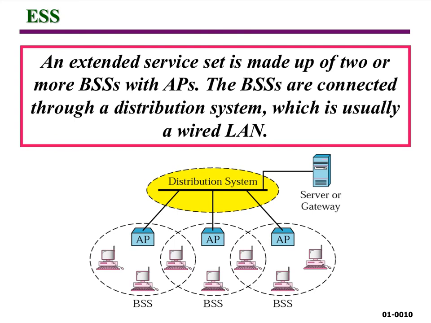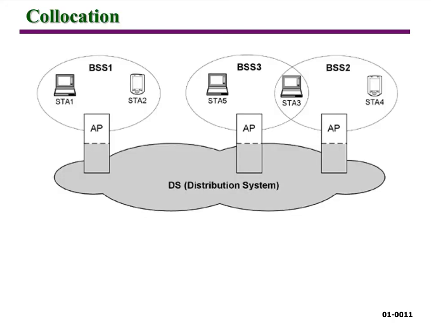Okay? So this kind of overlap also introduces an interesting scenario, which is what we refer to as colocation. Colocation is a situation where these access points may have some overlapping areas.